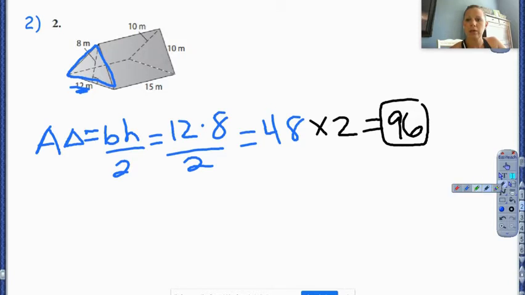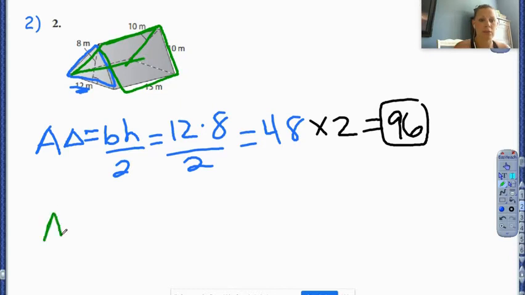Then, if we notice, this is an isosceles triangle in the front and in the back. So my two slants are the same dimensions. The rectangles are the same dimensions. And then the bottom rectangle is a different dimension. So my two slants, that's here and then here.